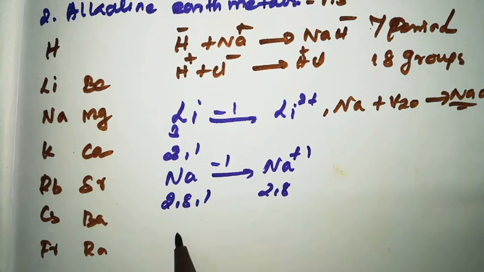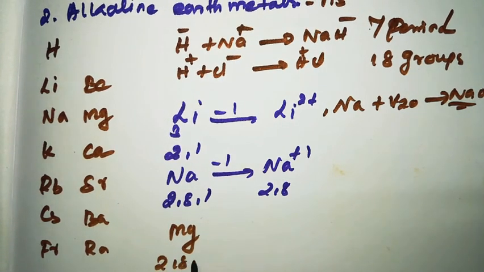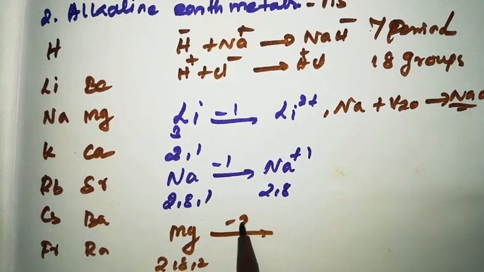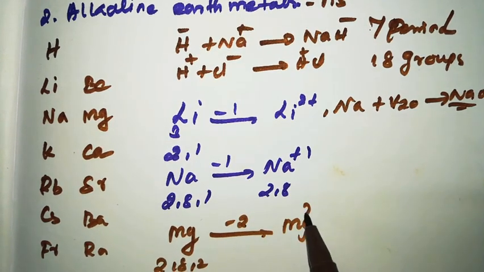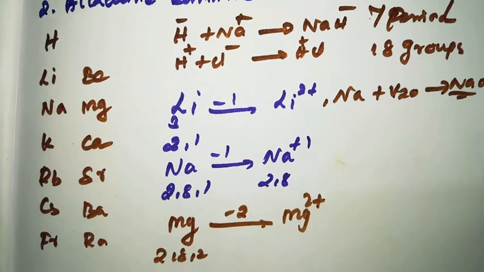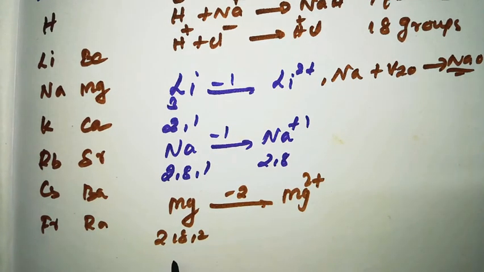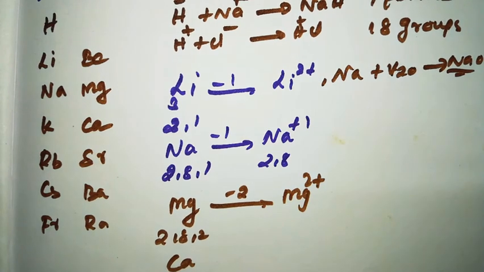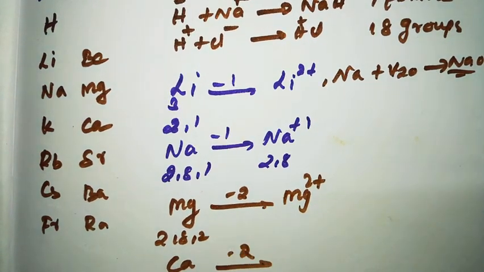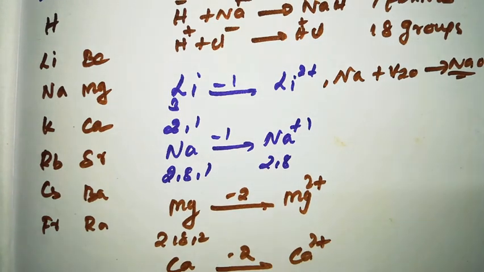For example, magnesium's atomic number is 12, configuration 2, 8, 2; loss of 2 electrons gives Mg2 plus. Another example, calcium, atomic number 20, configuration 2, 8, 8, 2; loss of 2 electrons gives Ca2 plus. So all second group elements lose 2 electrons from the valence shell.